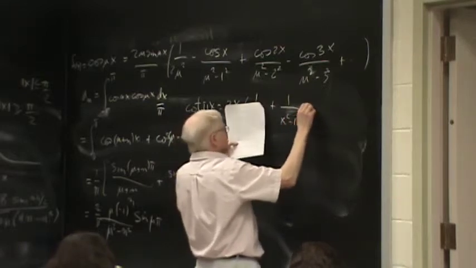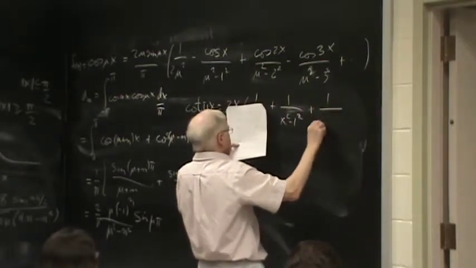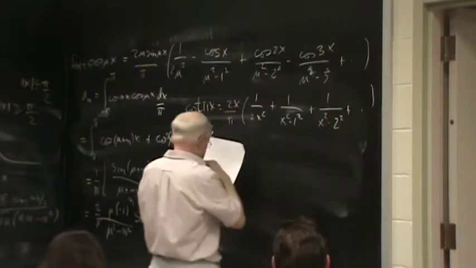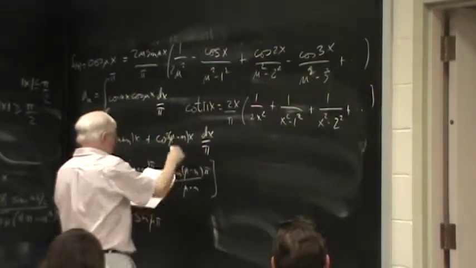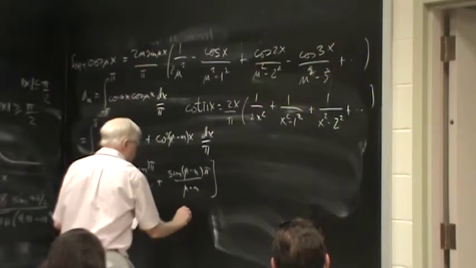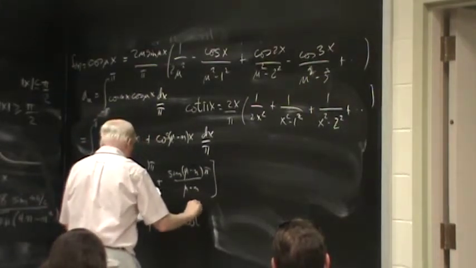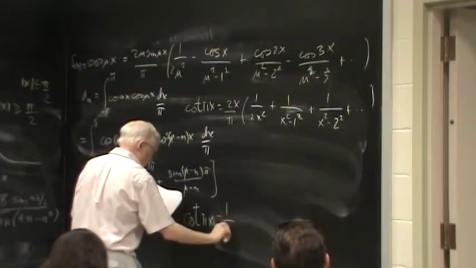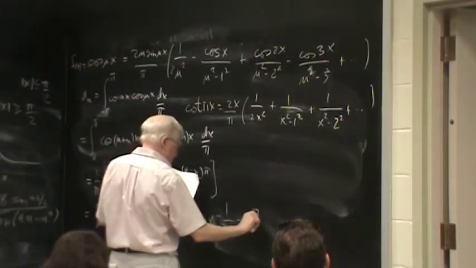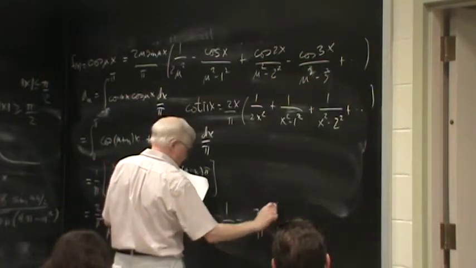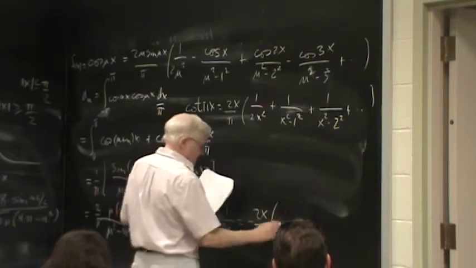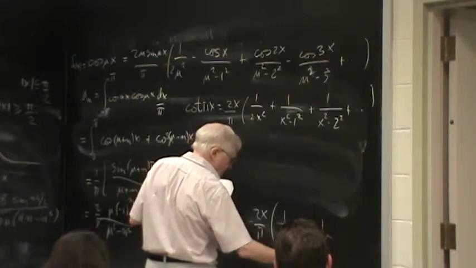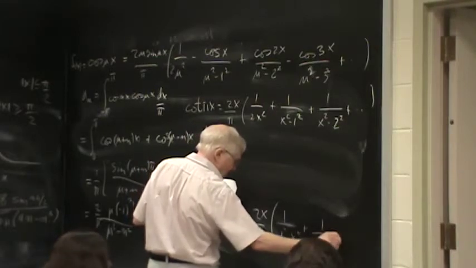And here we've canceled the alternating signs. If you bring this over to the other side, you get cotangent of pi x minus 1 over pi x equals minus 2x over pi, and then this series, 1 over 1 squared minus x squared plus 1 over 2 squared minus x squared plus.